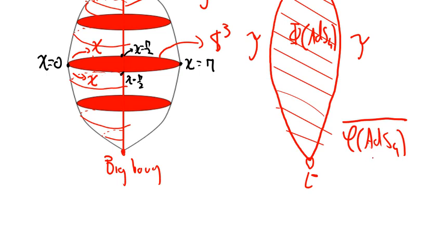So it turns out that this now is a compact set. So this is this small phi. This small phi truly defines a conformal compactification of anti-de Sitter.